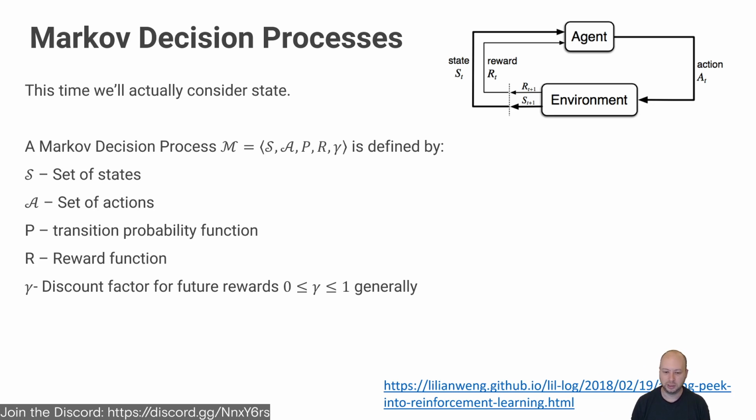You can imagine a gamma of 1 is a jellyfish, and a gamma of 0 is like a tiger or something that has to kill now or it dies, something with a very opportunistic mindset. So that's a high level on Markov decision processes and the things that we're going to be seeing throughout the next few lectures.